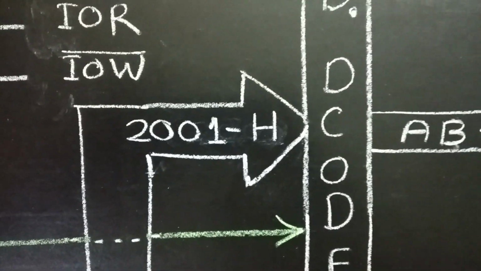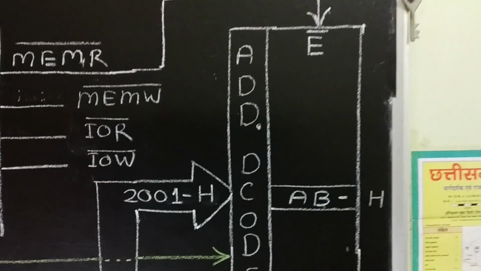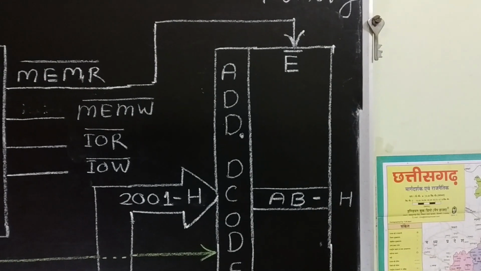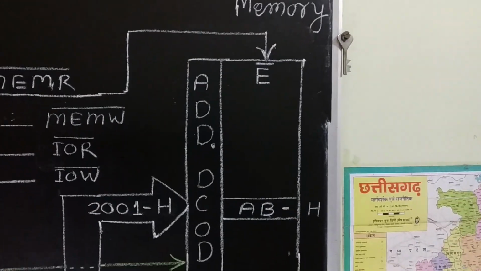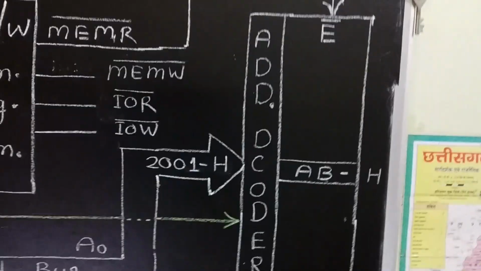Similarly, as we have understood in earlier lectures, we have 64 kilo memory.